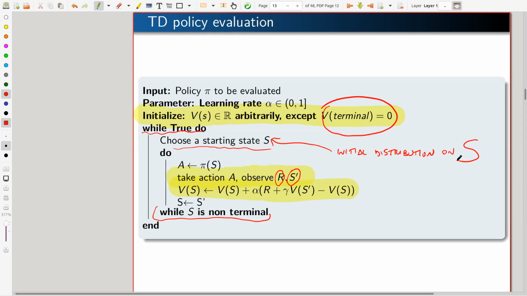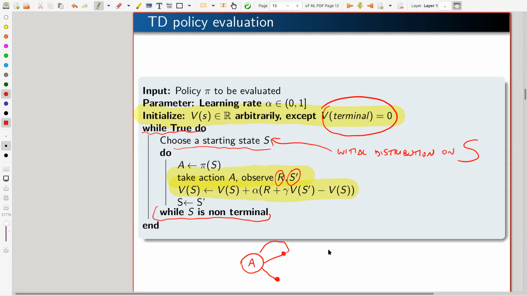The policy cannot decide that. I mean, you are in a state, let's say A. The policy is the choice between these two. If you loop on the same state, it depends on what happens later. It depends on the environment.